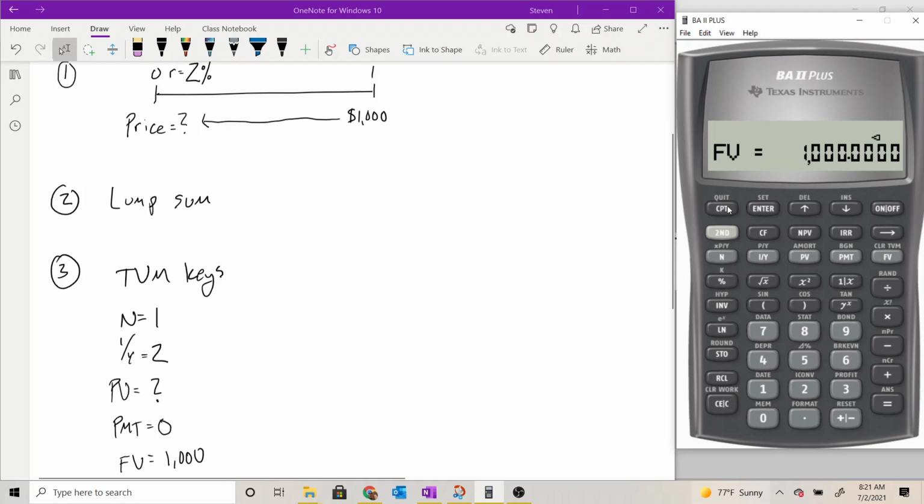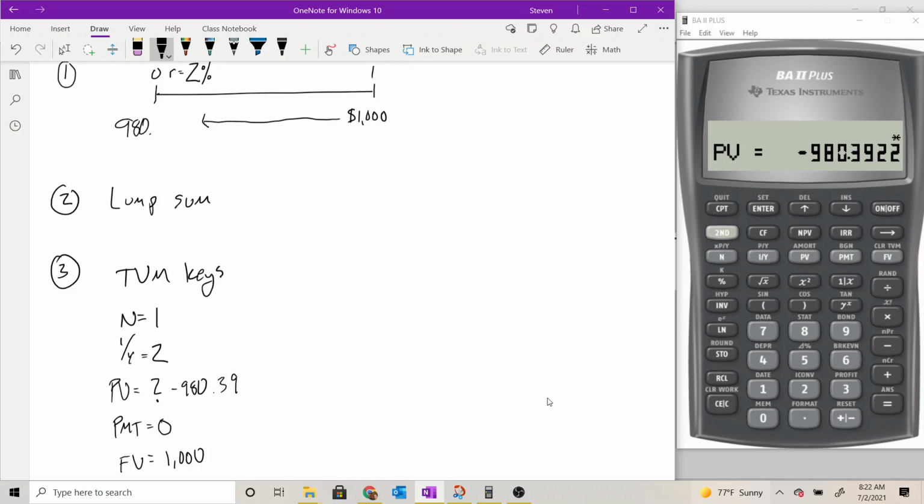The calculator can solve for the 5th for us, and we're going to do that by hitting compute present value. All right, and we are getting a present value of negative 980.39. So that means the price of this bond, what the investor will need to pay if he or she wants to buy it today, is $980 and roughly 39 cents.